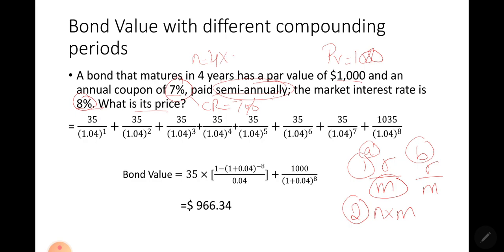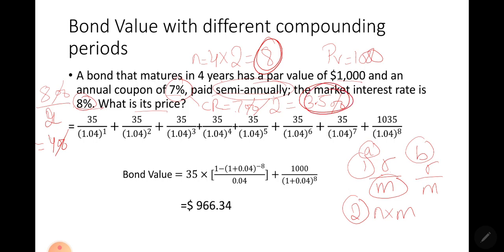So n will be multiplied by 2, and 8 is your new n. 7% will be divided by 2, so 3.5% is the new coupon rate, and the market interest rate will also be divided by 2, so this will be 4%. These are the values that you will now use.